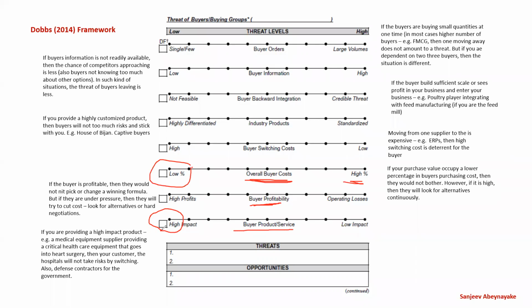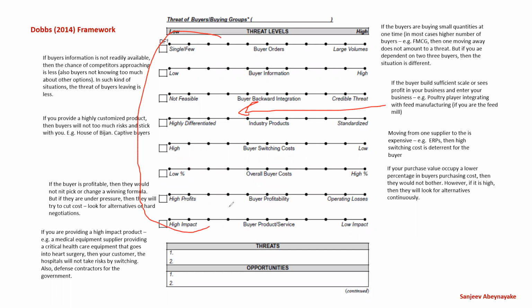And the customers may run away if they get to know that the product is using a substandard one. So therefore, you don't want to play around. So the idea is that if you're more towards this side, then the threat of buyers is less. So you have some power in that industry.